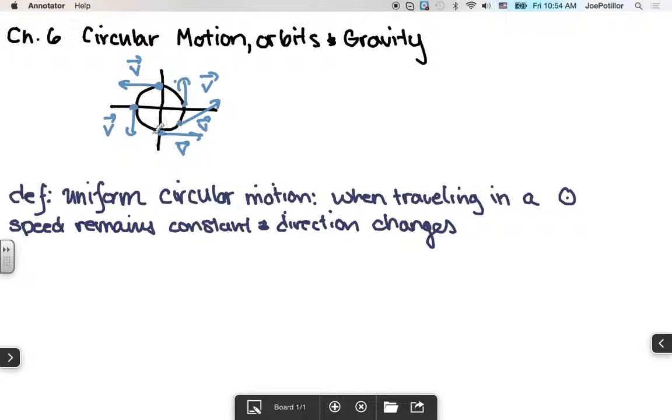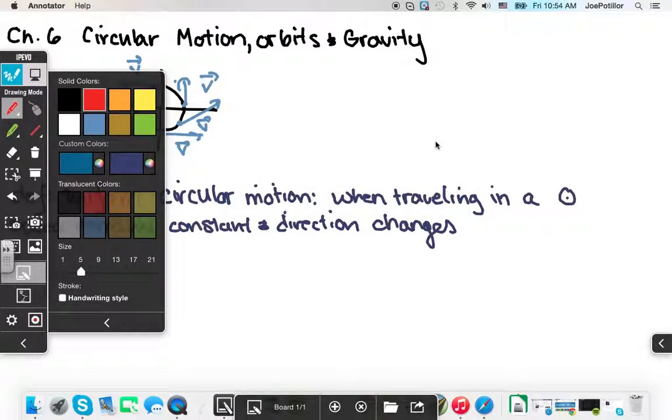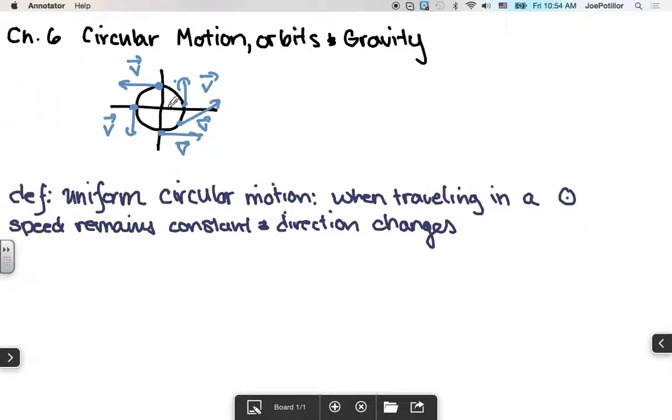So whether I'm at this point, this point, this point, that point, all the angles are different, and so that indicates the different direction of what's going on.